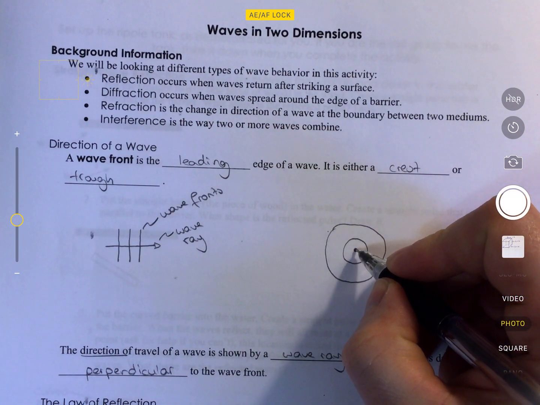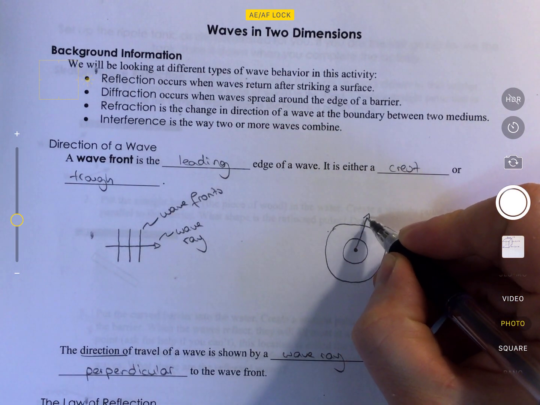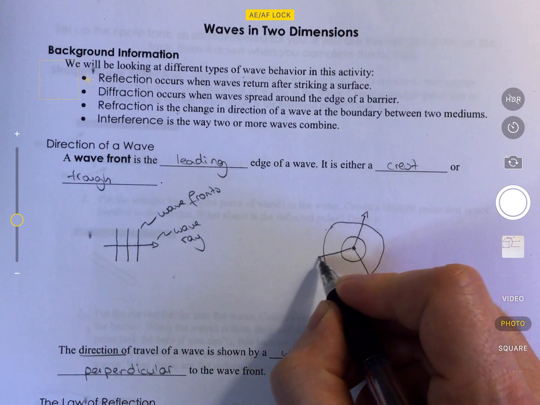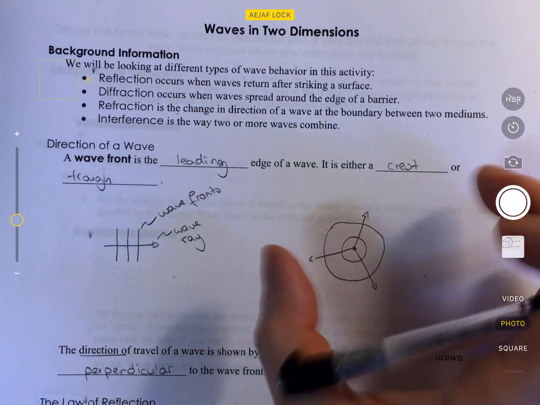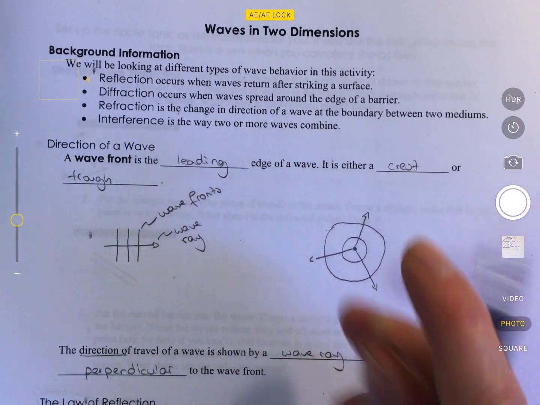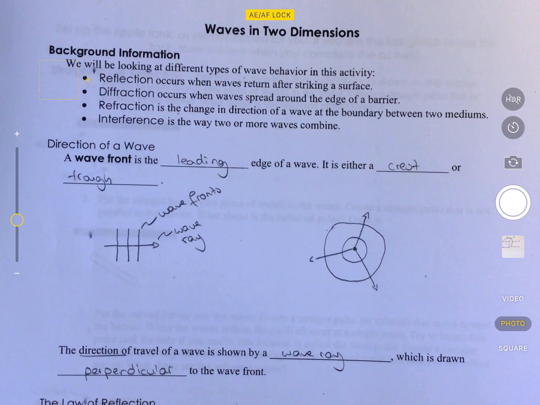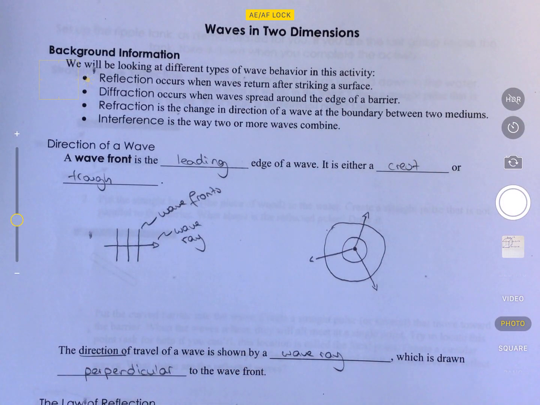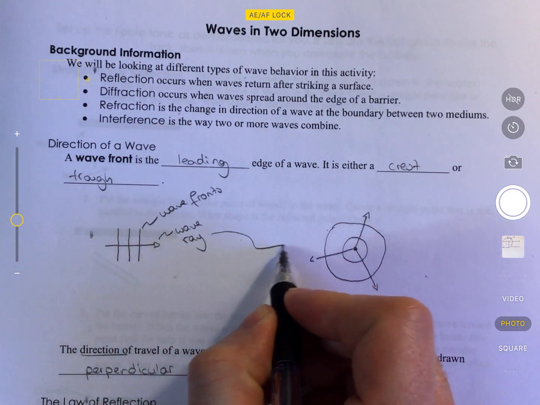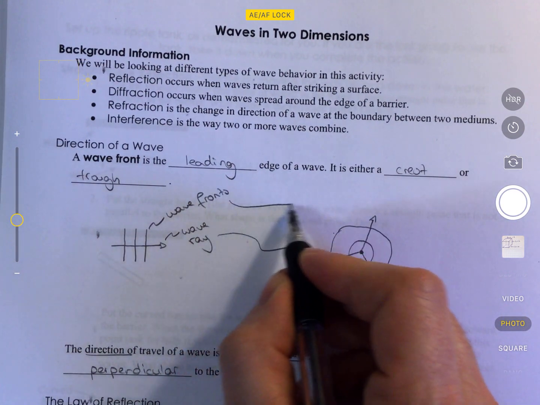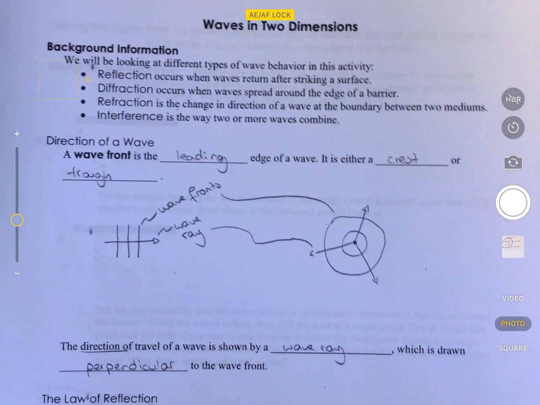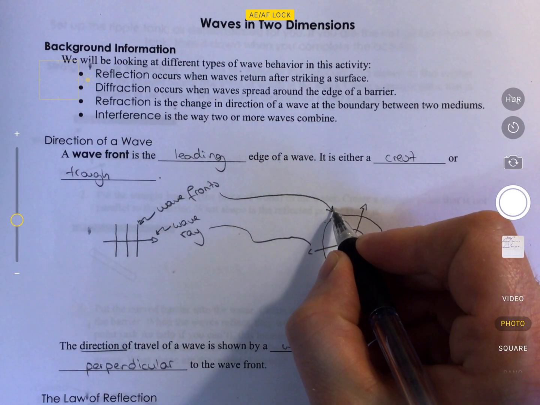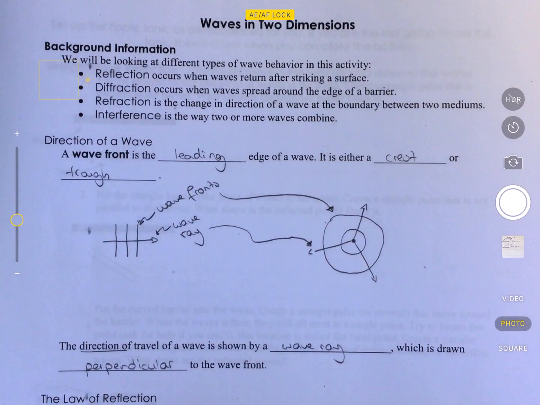And starting from the center, these wave fronts would be traveling away from the center, and so we have these wave rays pointing away from the center, and this kind of shows you your ripple effect coming from a center in water. Okay, so here we have the wave ray, and here we would have the wave fronts. So that's how we kind of draw waves.